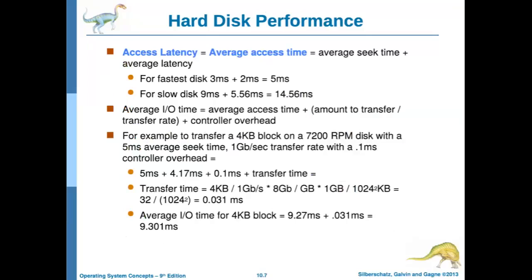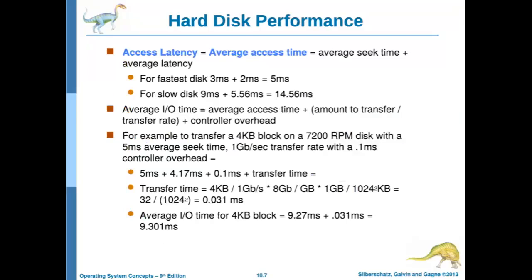Now, talking in terms of performance of a hard disk, the access latency is given by average seek time plus average latency. So for the fastest disk, it is 3 milliseconds plus 2 milliseconds.